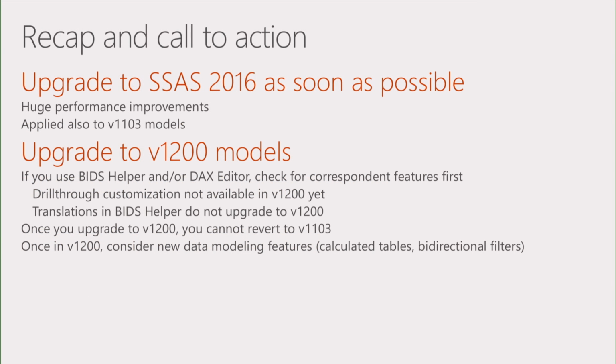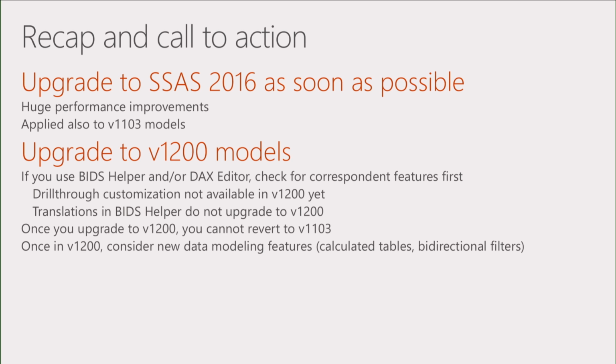So, recap. My personal suggestion is to upgrade to Analysis Services 2016 as soon as possible, even if you just use the existing compatibility level, because for some reason you don't want to upgrade to the model 12.0.0. And one of the reasons is that, if you upgrade to the new compatibility level and you use certain features available in BIDS Helper, you may not have an equivalent feature in the new compatibility level.